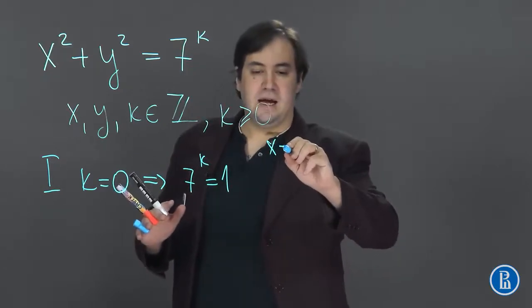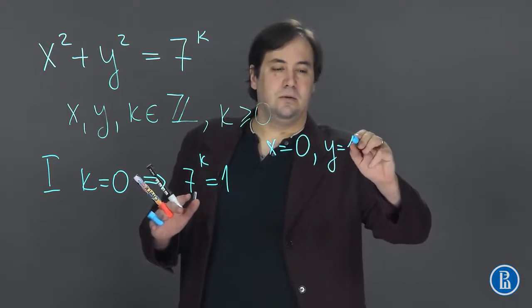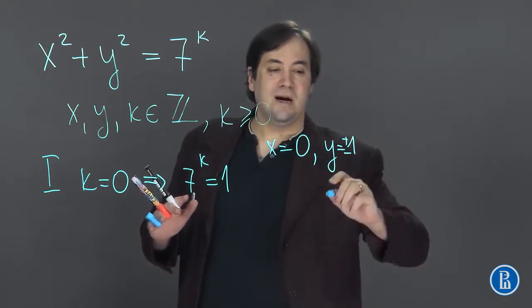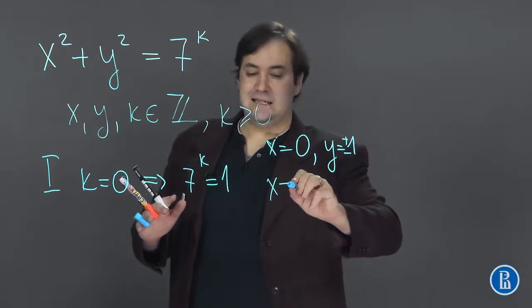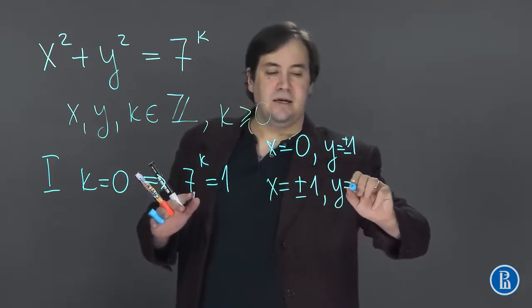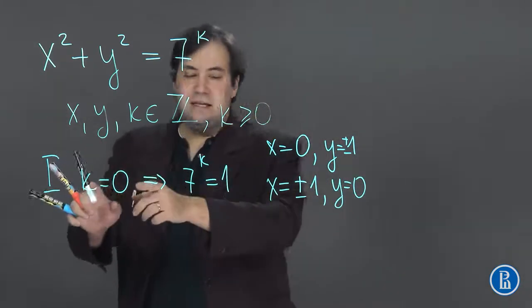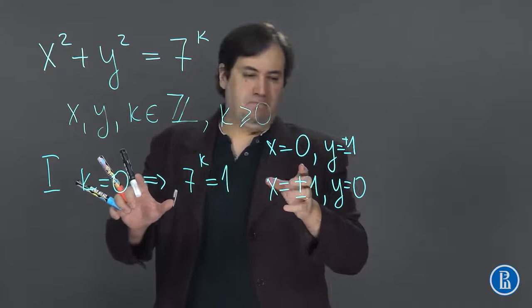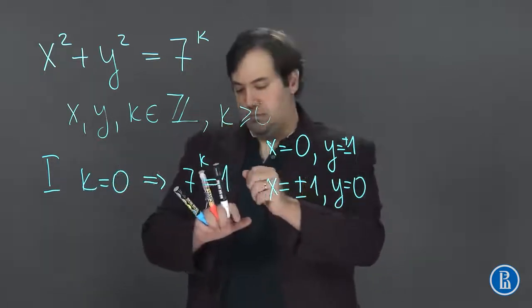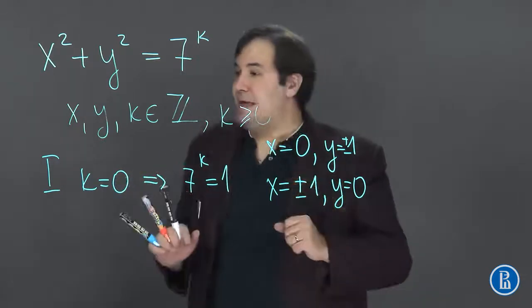Either x is equal to 0 and y is equal to plus or minus 1, or x is equal to plus or minus 1 and y is equal to 0 too. So in this case we have four pairs of solutions, four solutions.